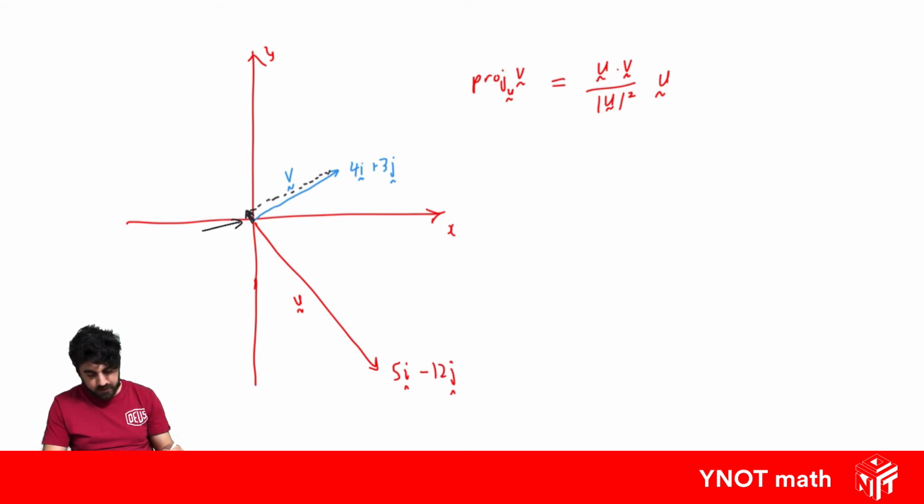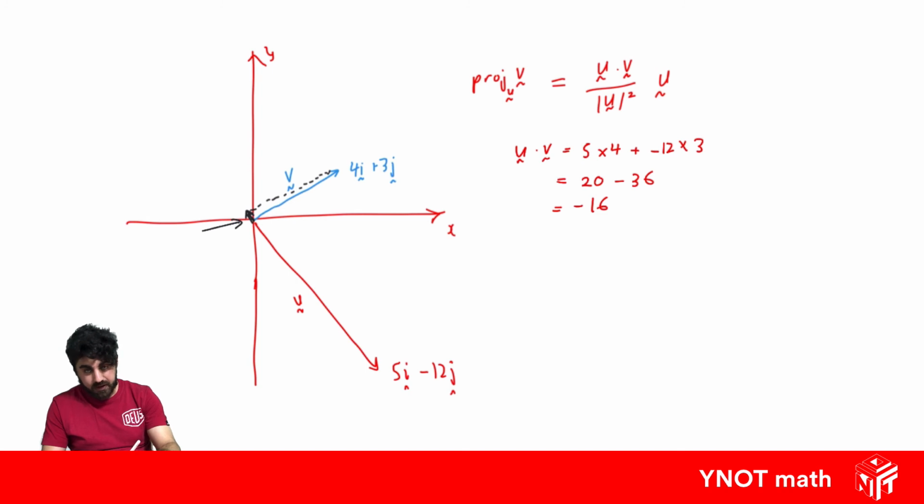So to do that, we first need the dot product of u and v. So that's going to be 5 times 4 plus minus 12 times 3. So we're going to get 20 minus 36, which is minus 16.